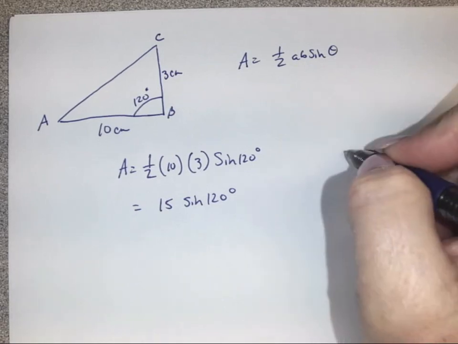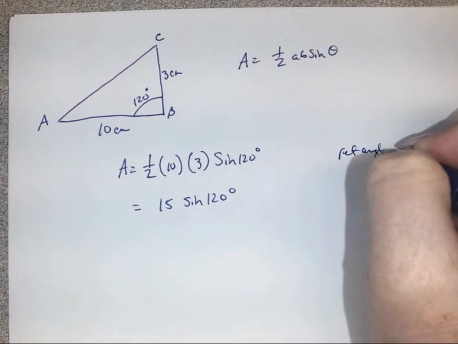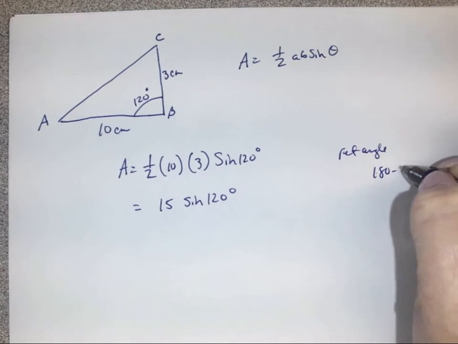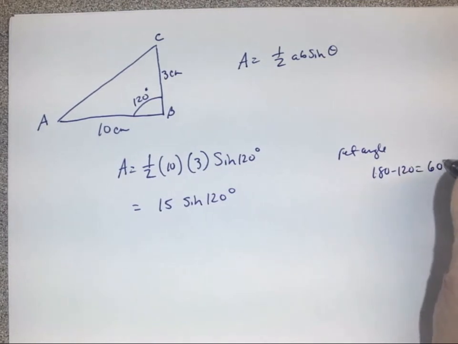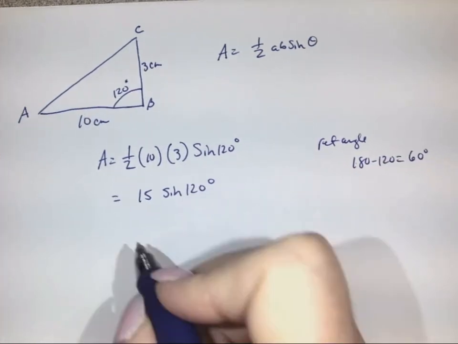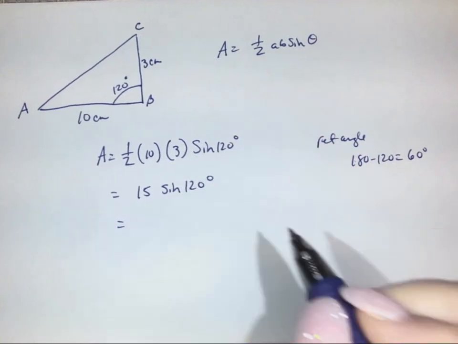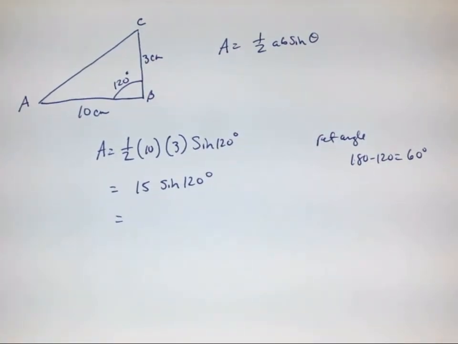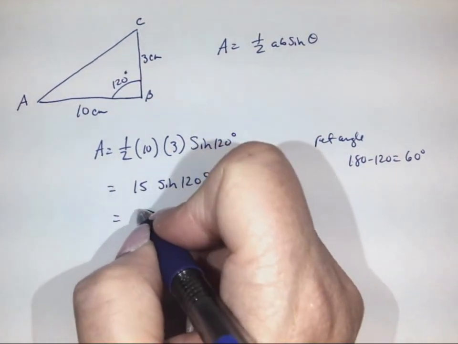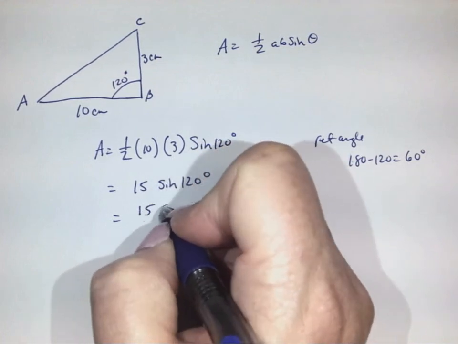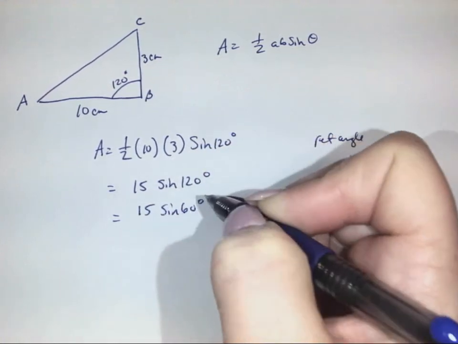We can do this off to the side: 180 minus 120 equals 60 degrees. So this would be equal to, and since we're doing sine, it's positive in quadrant 2, so we don't have to worry about a negative sign, 15 times the sine of 60 degrees.